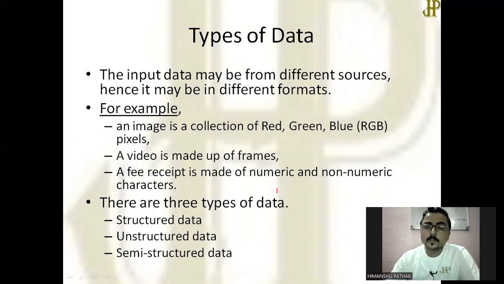So based on different sources and different formats, we can categorize three types of data, which are structured data, unstructured data, and semi-structured data. So I'm going to discuss each of them separately.